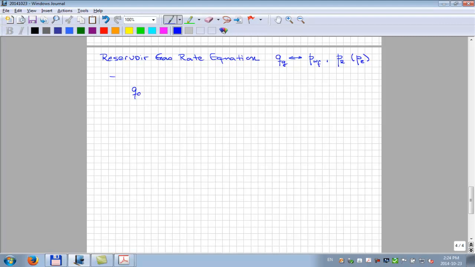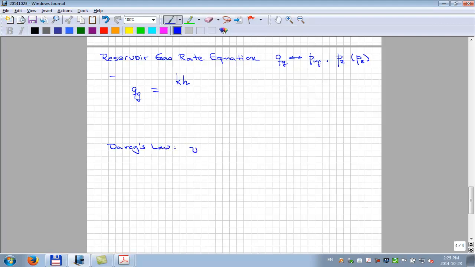This equation looks something like this. You got the permeability and the thickness. That makes sense. The higher the permeability, everybody knows Darcy's Law, right? We'll just take Darcy's Law.